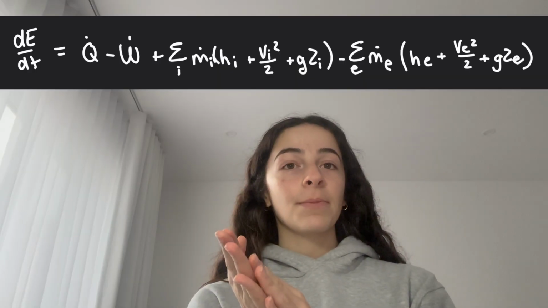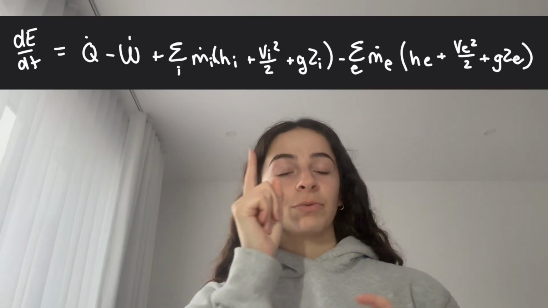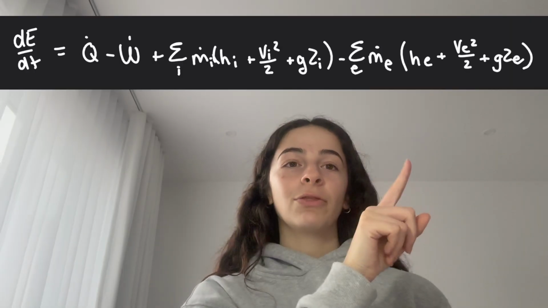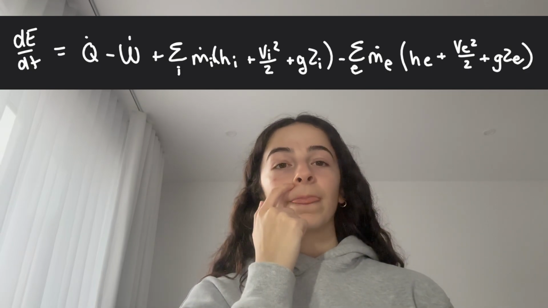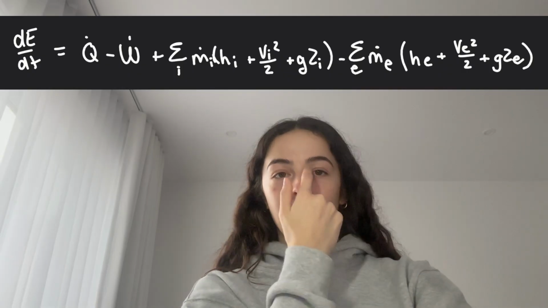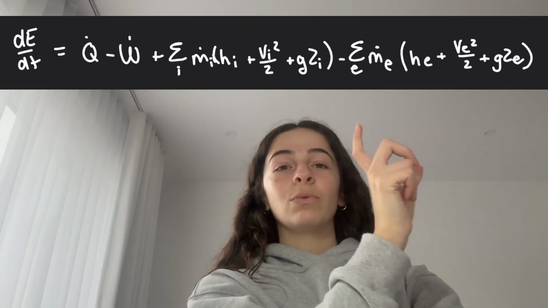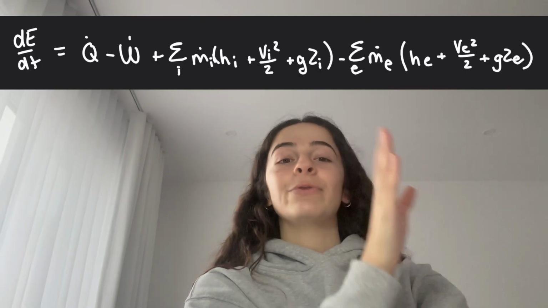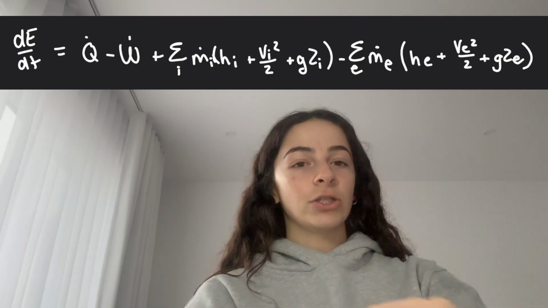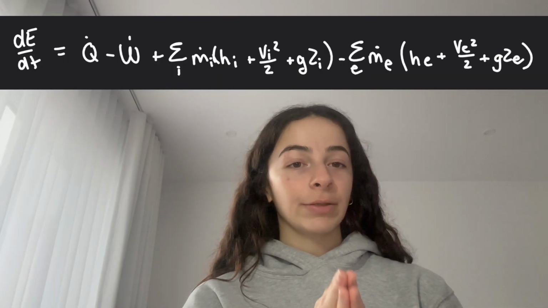The first is the mass flow rate in, which has three components: m dot, the mass flow rate, then the enthalpy, the kinetic energy, and the potential energy. Then the second sum is the mass flow rate out, the same thing as in. So it's just the difference between the two.